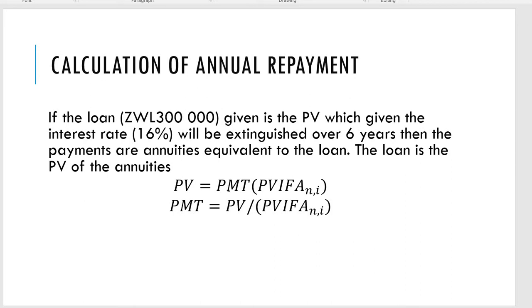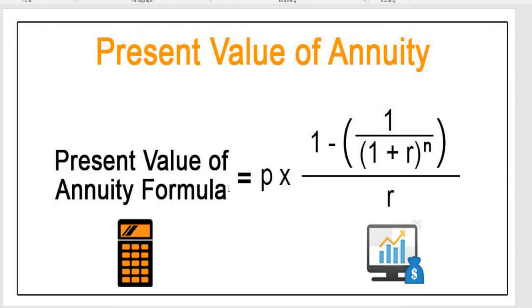Now we can find the formula for the present value interest factor of an annuity, or we can also use the tables. It depends on whether the 16% is there on the tables. Now, how do we find the present value of an annuity if we want to use the formula? Present value of an annuity is given by the payment multiplied by 1 minus that whole thing, all over R. So if we want to find the payment, we'll have to transfer the 1 minus 1 over that thing and over that thing to the other side.